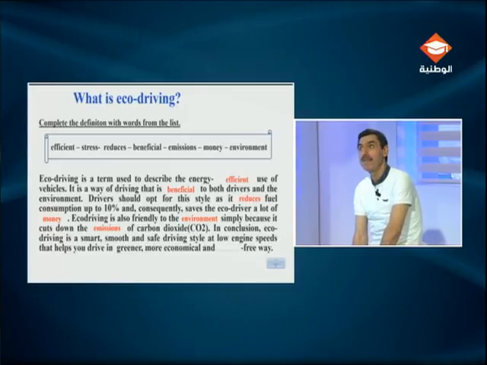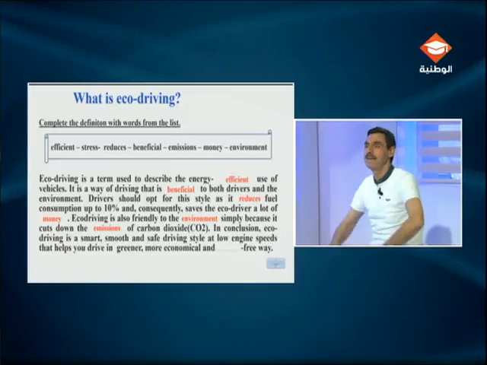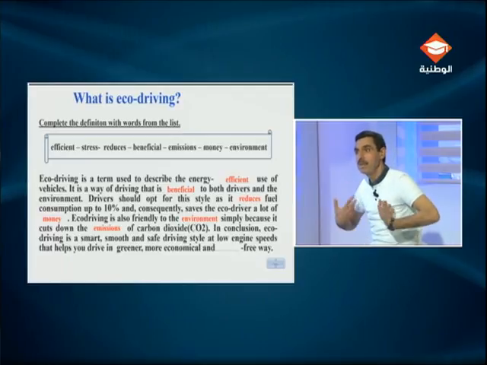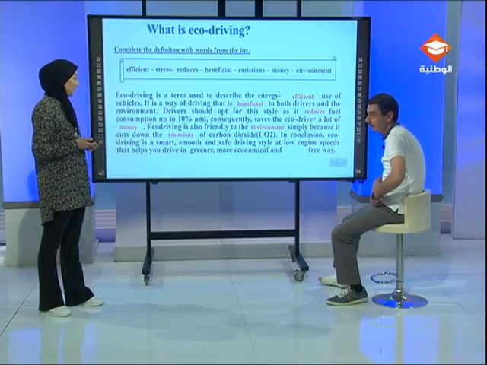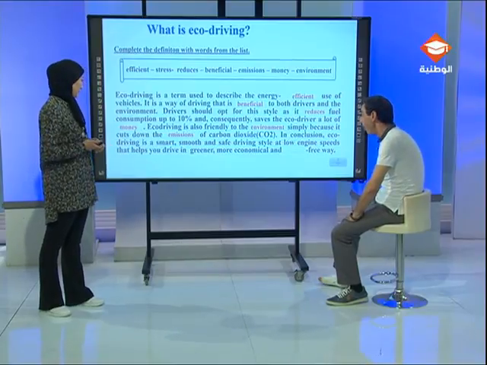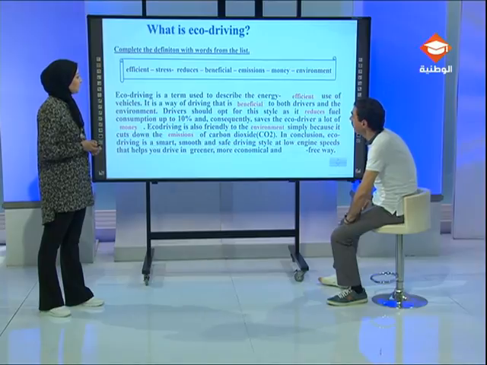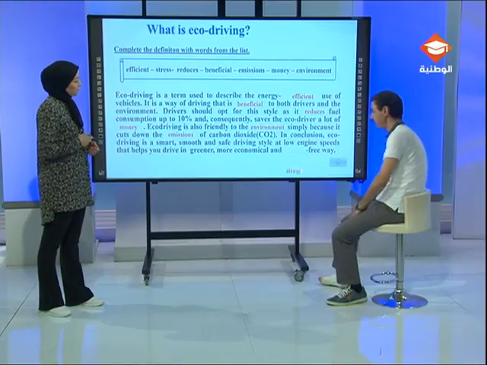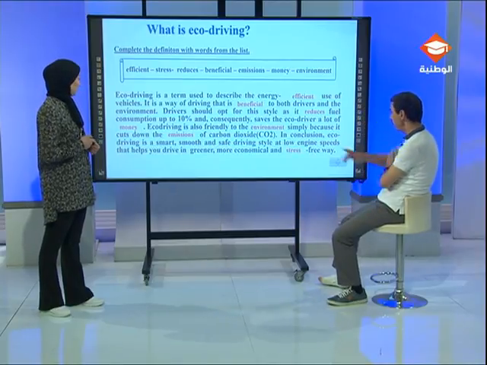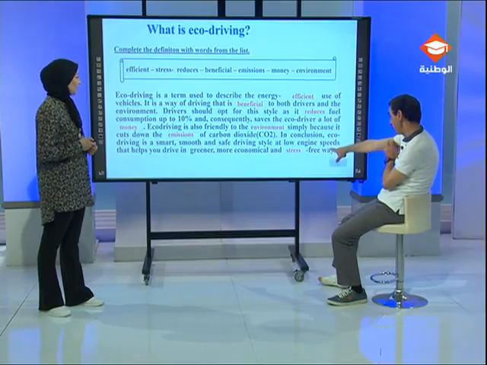Yes, comparative of green. To go green. Going green. It has nothing to do with wearing green clothes. If you go green, or if you are green, it means you care about our environment. I see. And you are active in protecting it. I hope I am green, although I don't look it. Yes. More economical and maybe stress-free way. Well done. Yes, we begin with a compound adjective and we finish with a compound adjective.